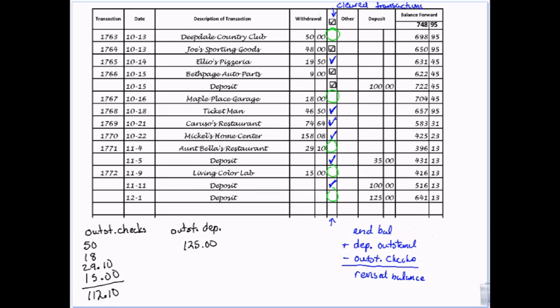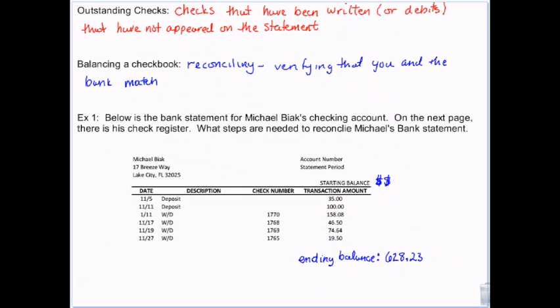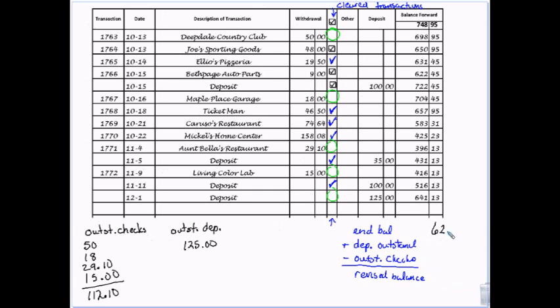My ending balance, which I had you guys write in, was $628.23. Okay. I add the outstanding deposit of $125. I subtract the outstanding checks of $112.10.